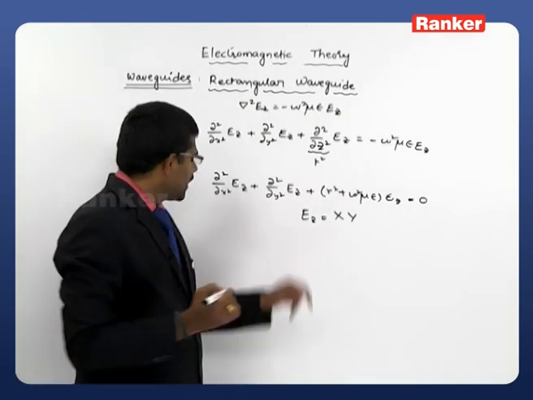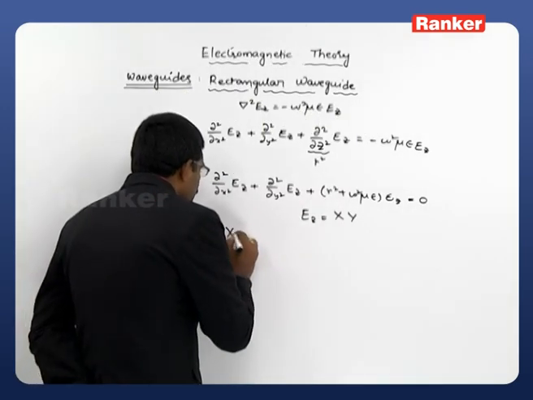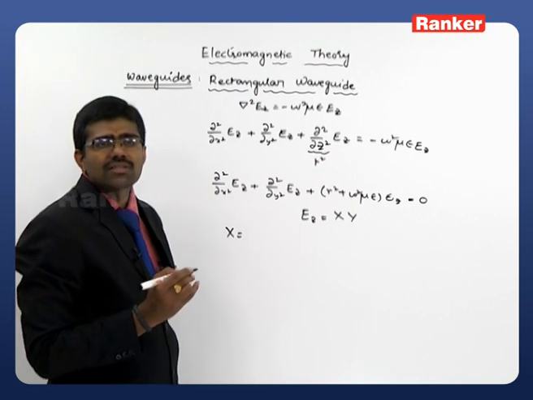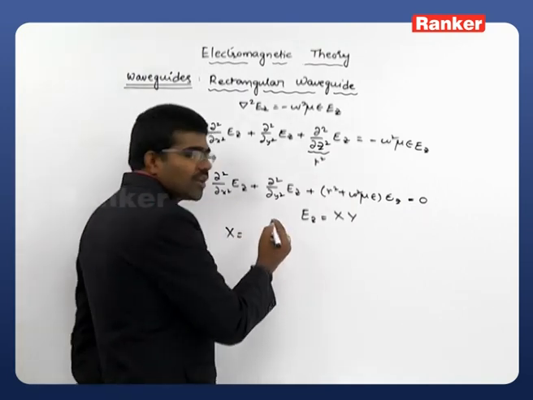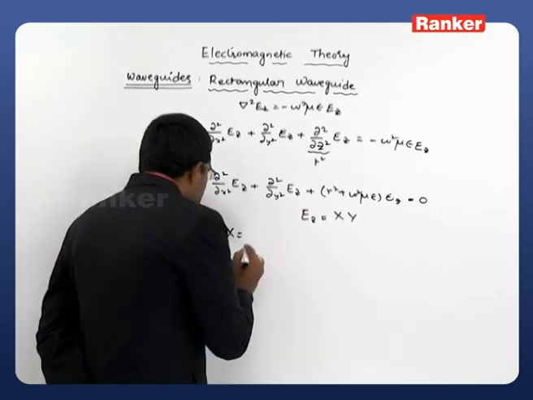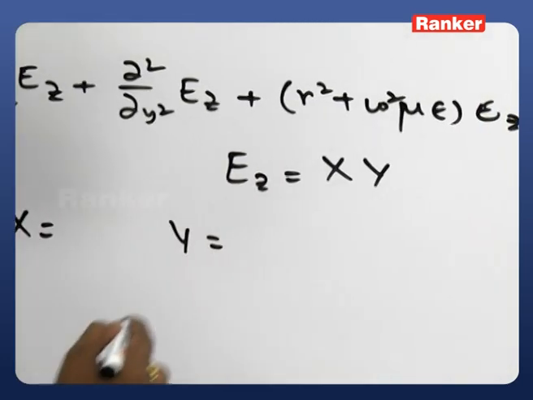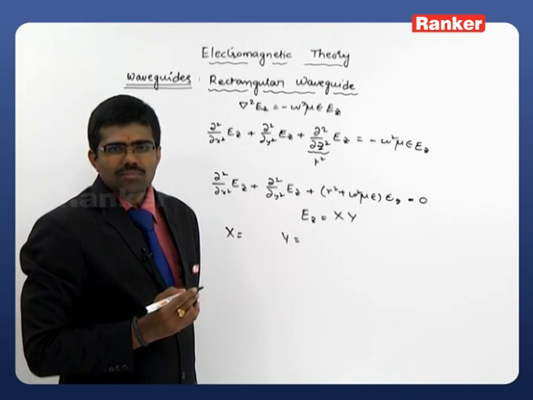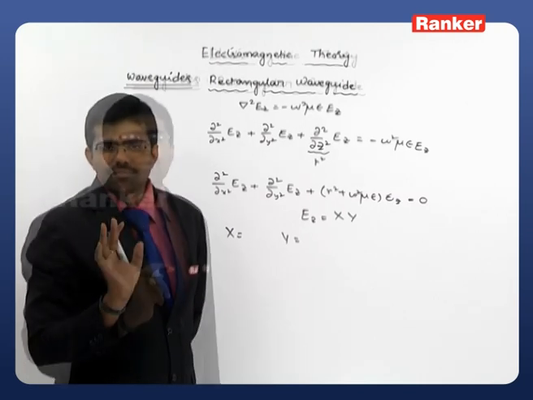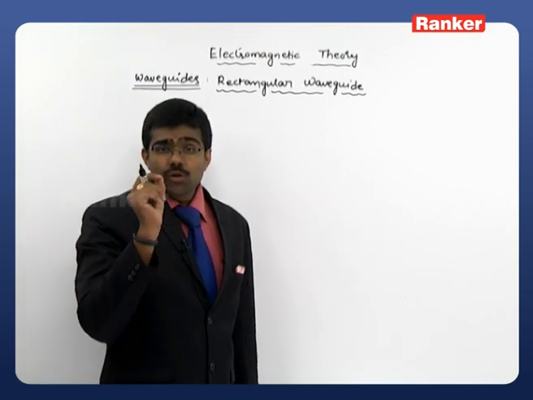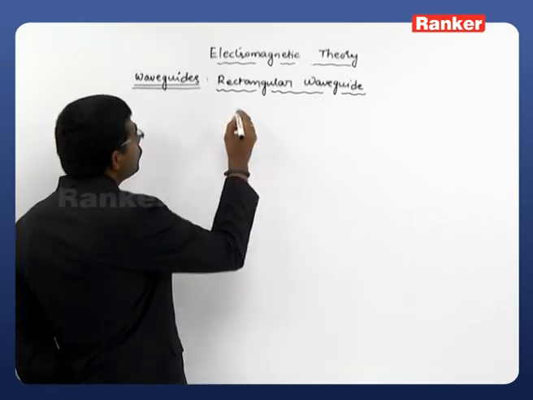The individual solution for X will be in terms of sine and cos. Similarly, Y also you will get in terms of sine and cos. So directly I will give you the solutions for both X and Y, don't go for the derivation. What is the solution for X?